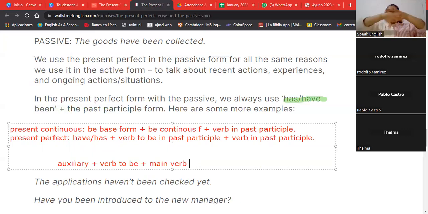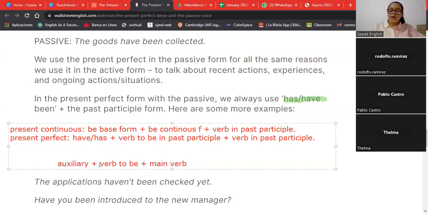This is the main structure, la estructura en general. Now, the auxiliary, ¿cuál es el auxiliary para el present continuous? Verb to be. Es el verb to be, right? ¿Cuál es el auxiliary for the present perfect? Have or has.